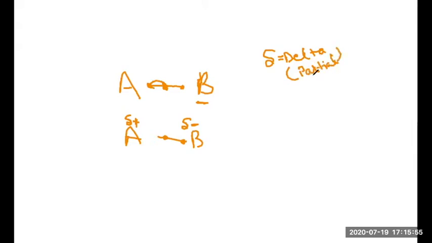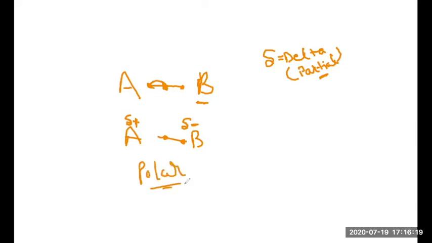It tells you that whatever charge you have is a little bit partial. It's not completely positive or negative, right? Because there is no complete transfer. So when you write delta positive, delta negative, you are making the bond polar.